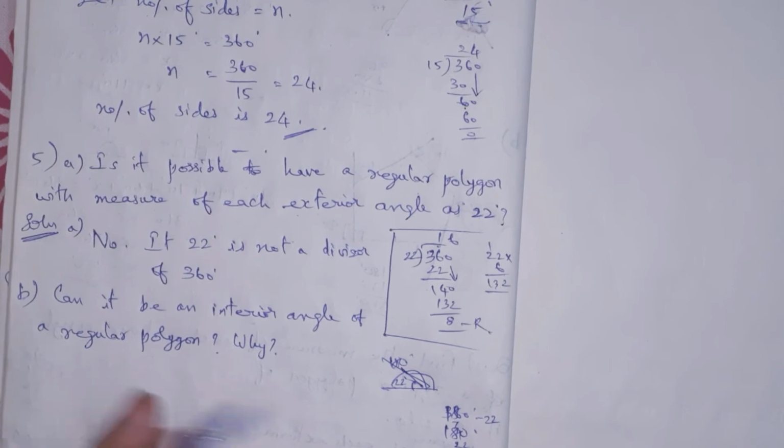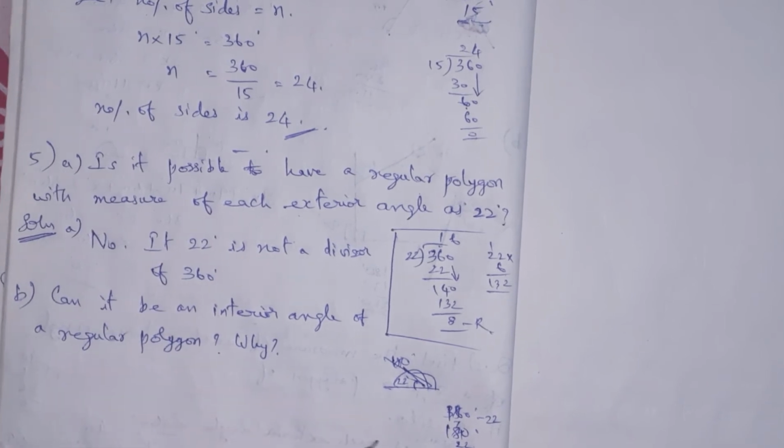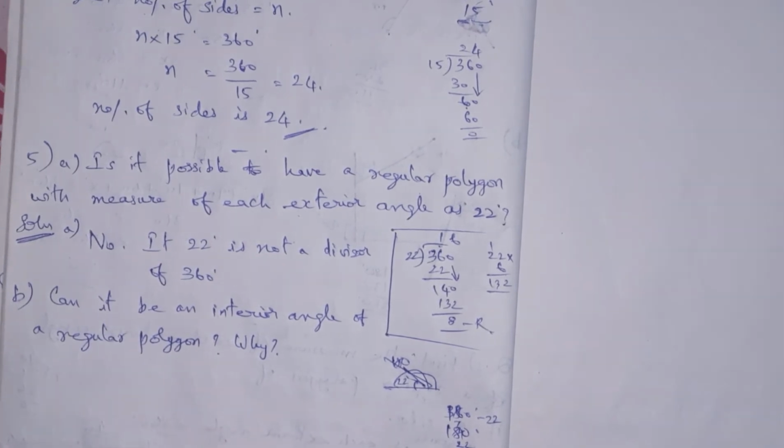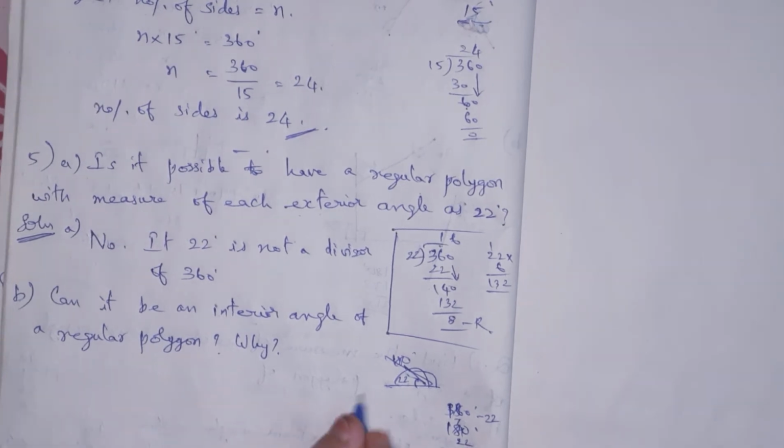That 158 is also not an angle of a regular polygon. It will also leave a remainder.